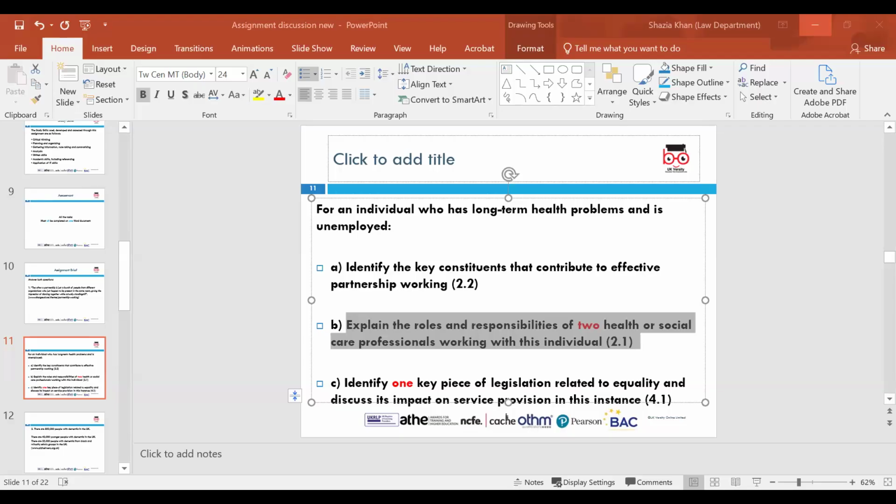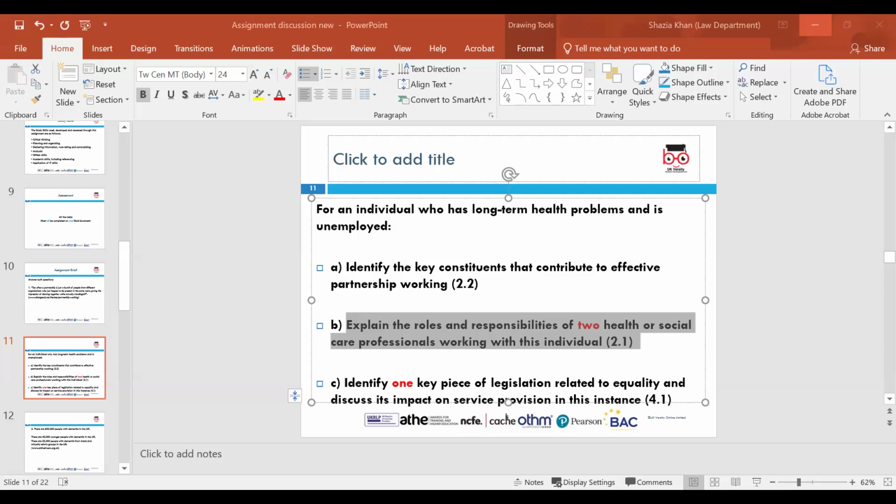So you would look at 2 people, learning outcome 2, pages 7 onwards. You could look at a registered nurse, an occupational therapist, a social worker, a general practitioner like you said, a pharmacist, or a physical therapist.